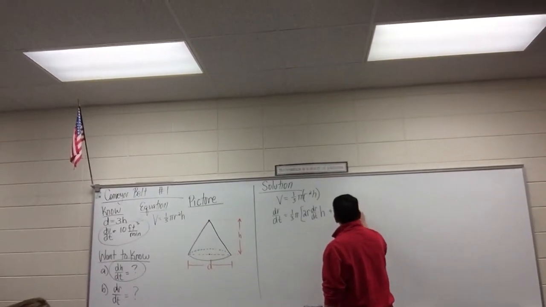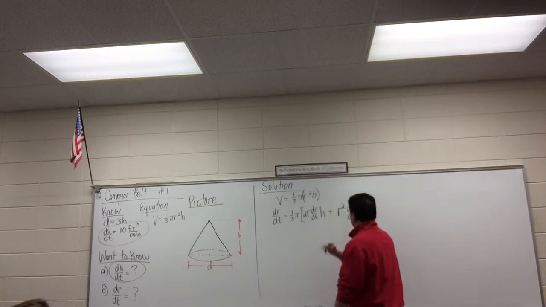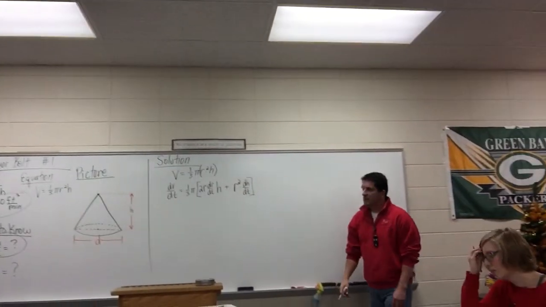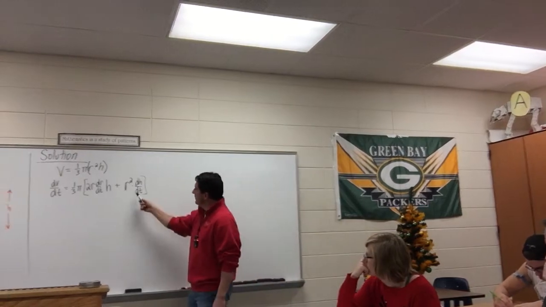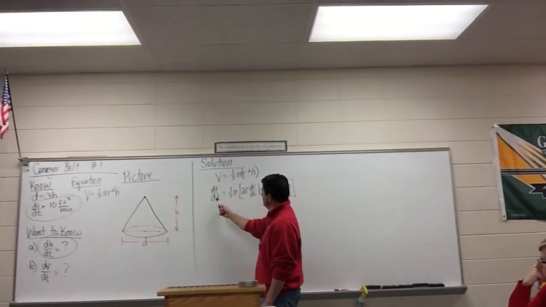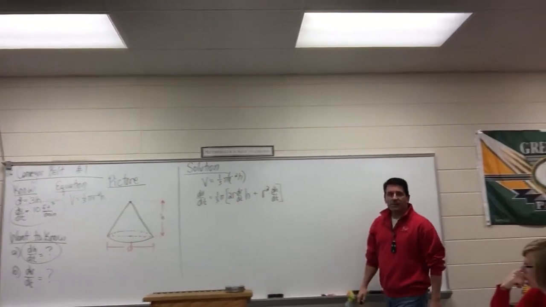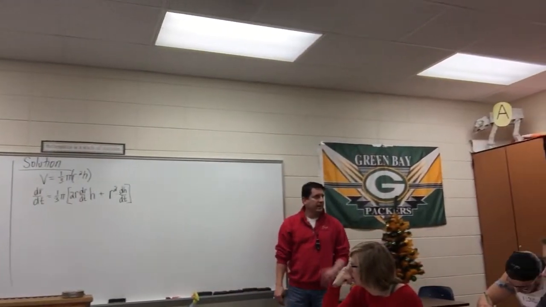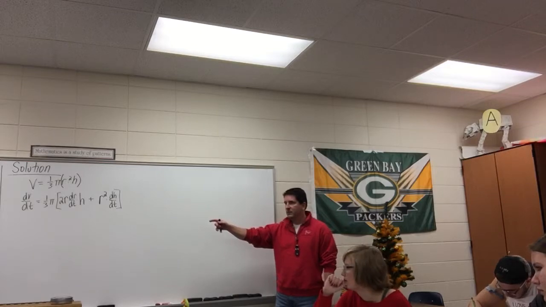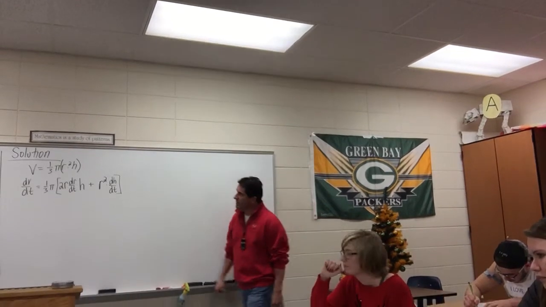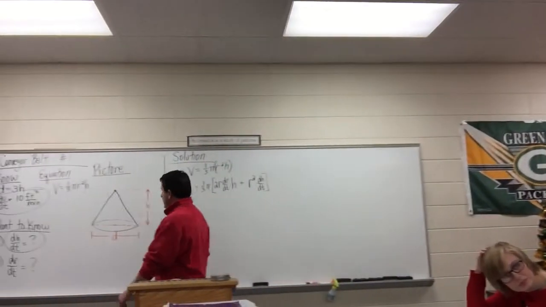So that's dh/dt. Now that's a whole lot of variables. Let's see, 1, 2, 3, 4, 5, 6. 6 variables in that problem. And that means we have to know 5 of them so we can figure out the 6th. We have to figure out what dh/dt is.